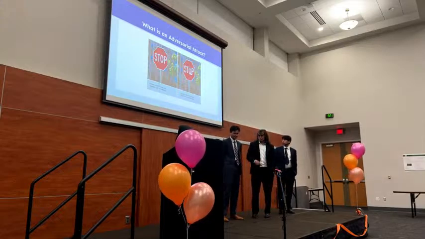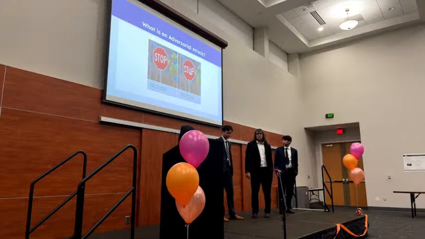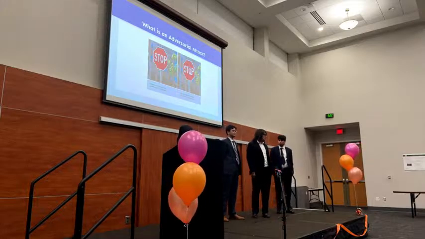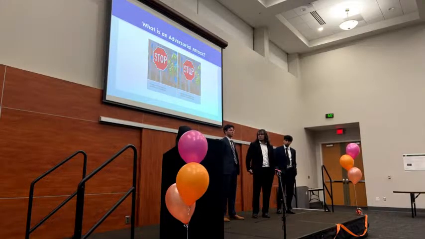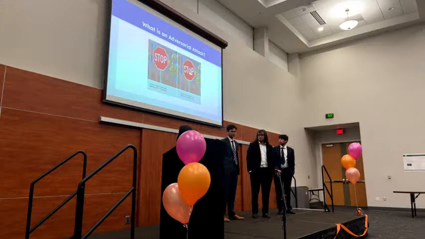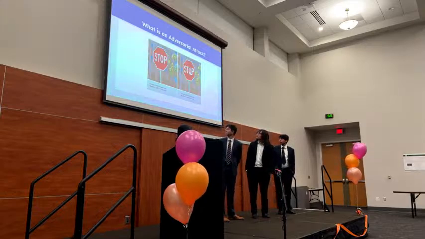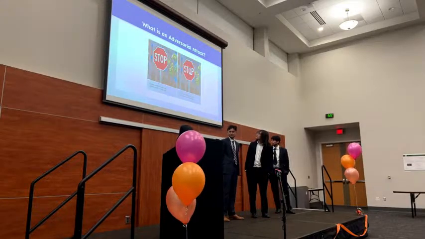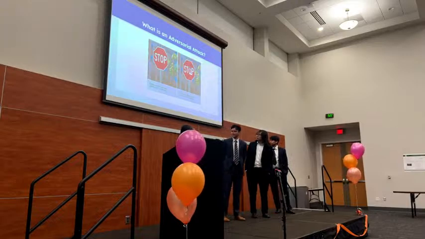Because these predictive models use an algorithm to predict certain things, there's a way to exploit that algorithm and find a weakness in it. This is an example of finding a weakness in an algorithm, which is an adversarial attack.